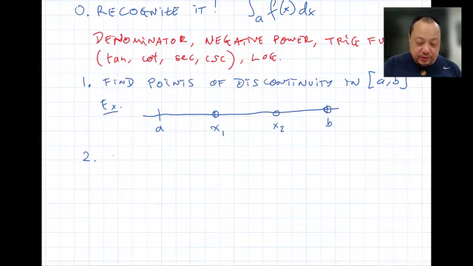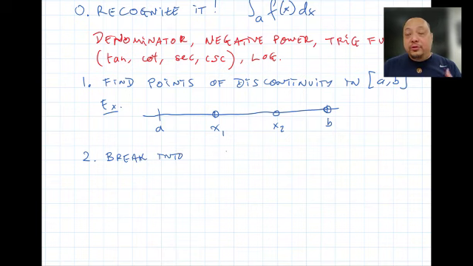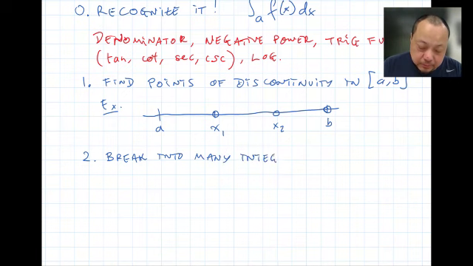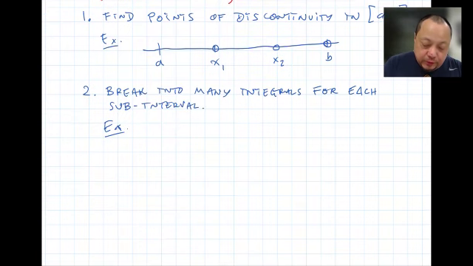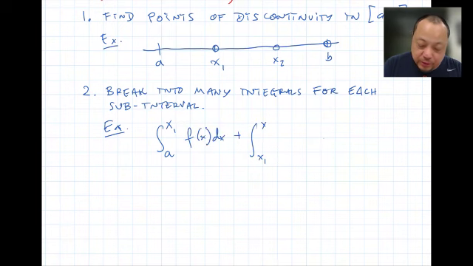Then number 2 is to break into intervals. Break into many integrals for each of those sub-intervals. So for the same example, I'd break from a to x1, x1 to x2, and x2 to b.